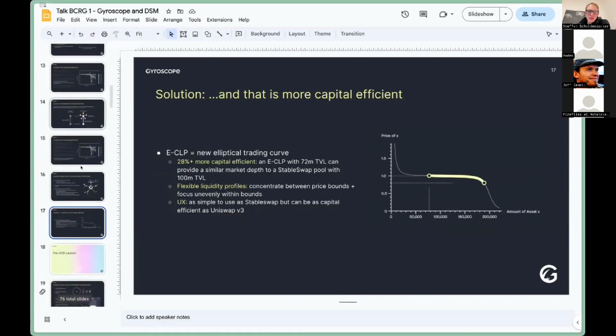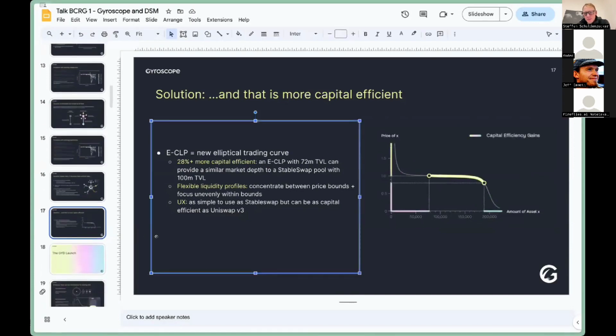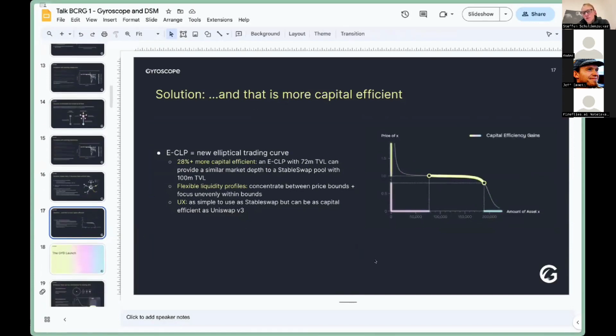This is some detail about the ECLP. Essentially what we do is we have a liquidity curve that's shaped, and then we apply concentrated liquidity. That way you can cut out the part of the trading curve that is useful, that provides liquidity within useful prices, and put all of the liquidity there and concentrate it at that point.